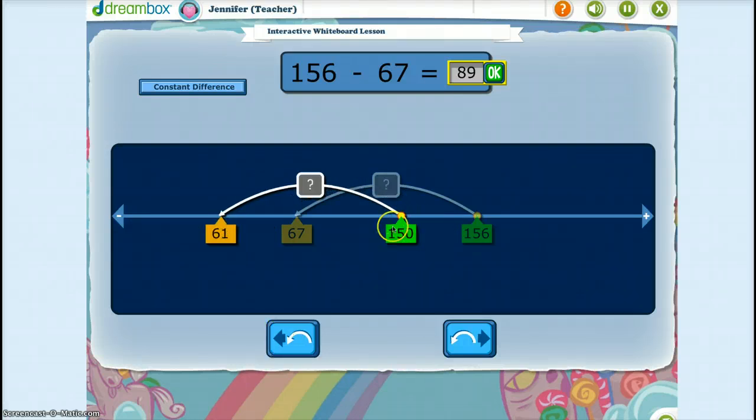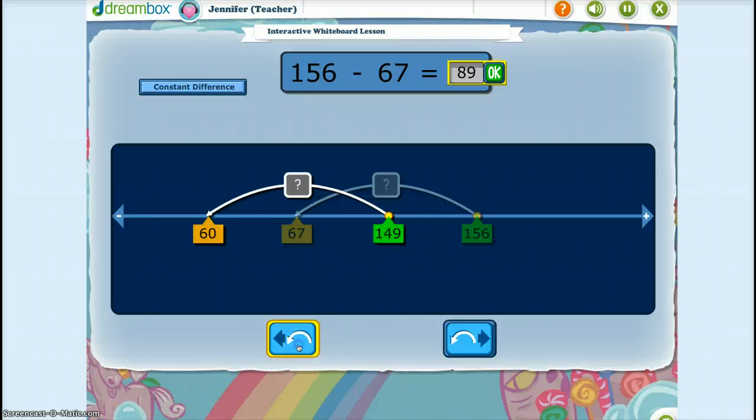They think that's a friendly number. It's still difficult for me to make that jump in my head. What is the counting piece? I could move it to 60. It's still going to be 89. So it's a great opportunity for students to talk about whether they move the values to the left or to the right, and then reason why that's easier for them to see.